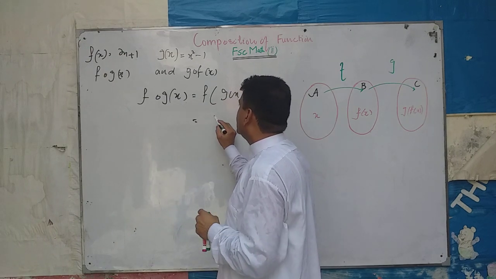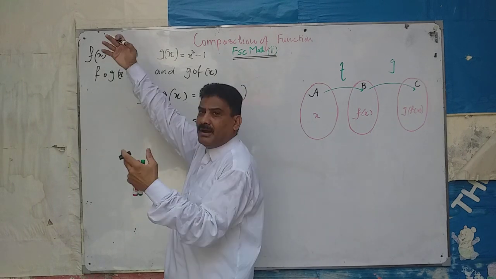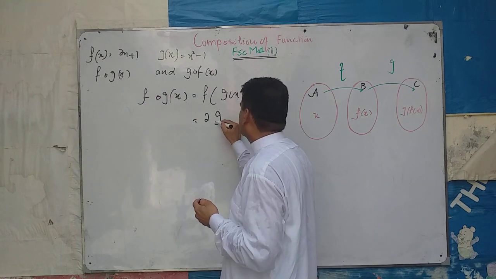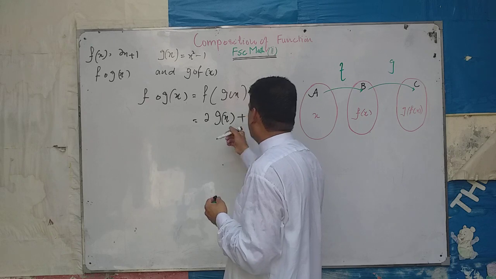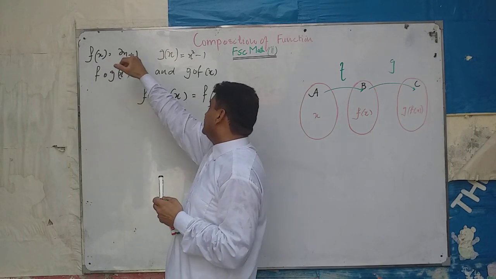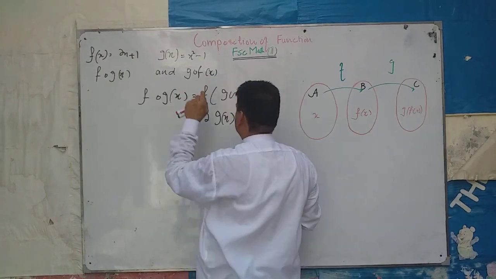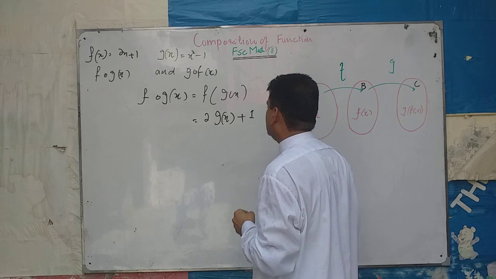Hence we write, to multiply, we want to replace x by g of x, so we write g of x. We replace x by g of x, so 2 times g of x plus 1.